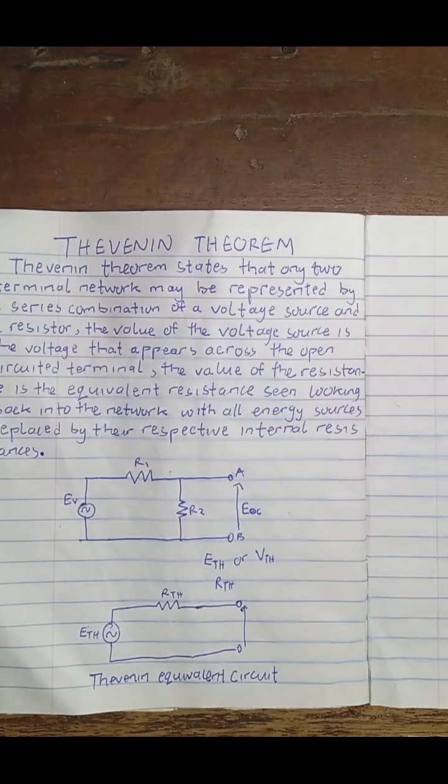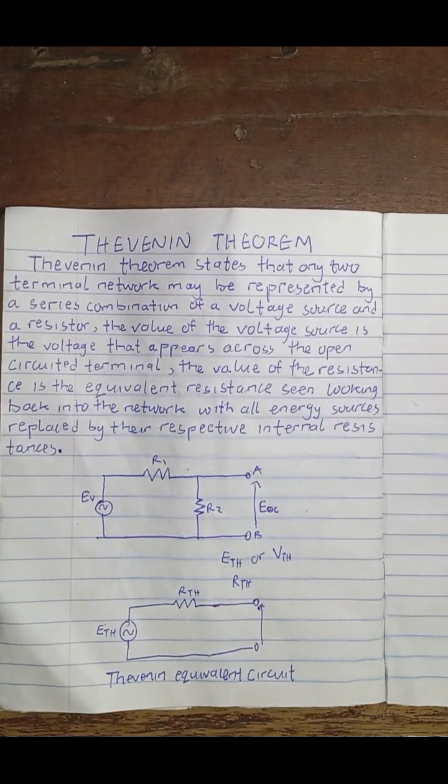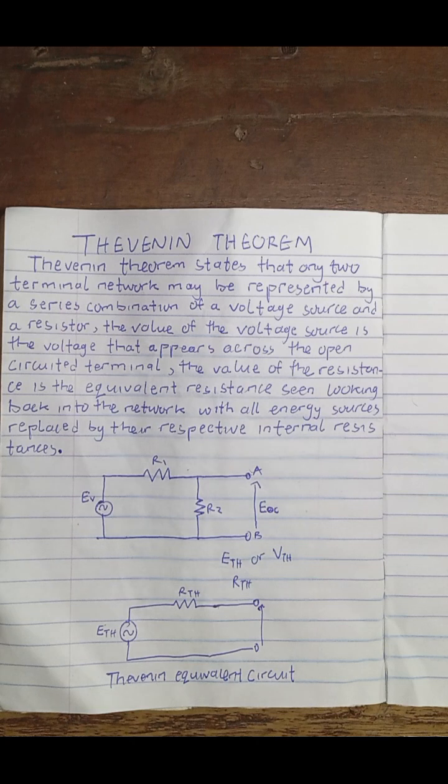So as you can see, Thevenin theorem is used in simplifying complex networks. Just imagine a network where you have more than 20 resistances and, let's say, 15 voltage sources.